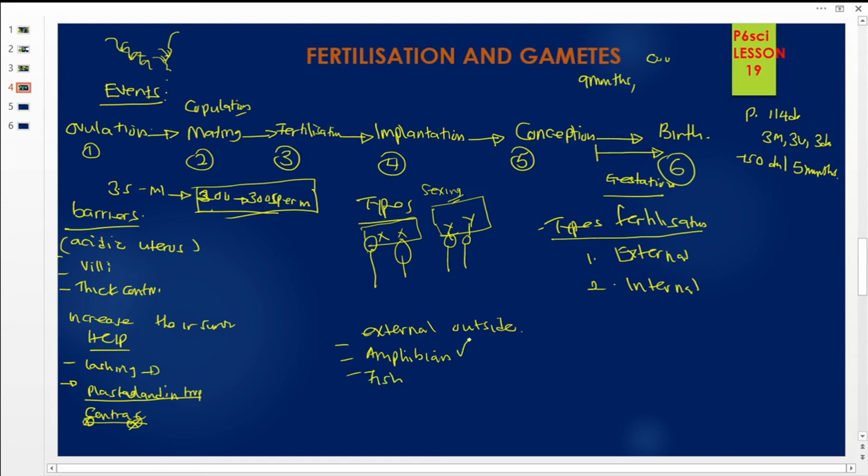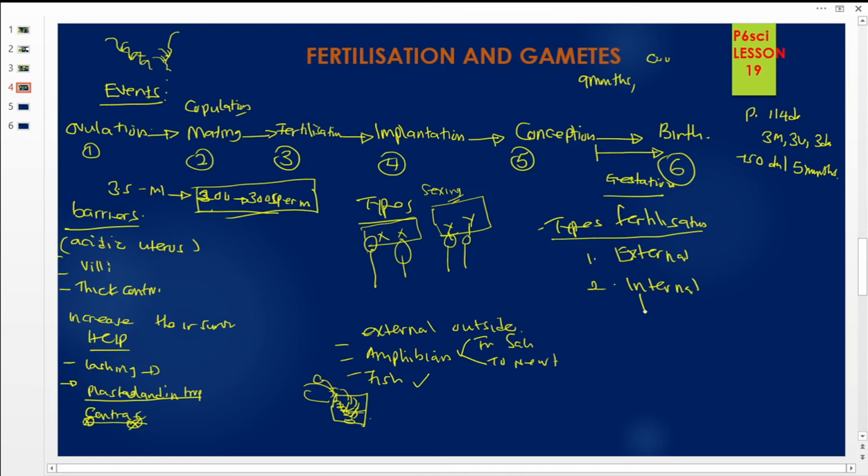If we talk of amphibians, we mean the frogs, the toads, the salamanders, and the newts. In these animals, the female releases the eggs as the male sheds sperms onto them. This occurs outside the body of a female animal, thus the name external fertilization.